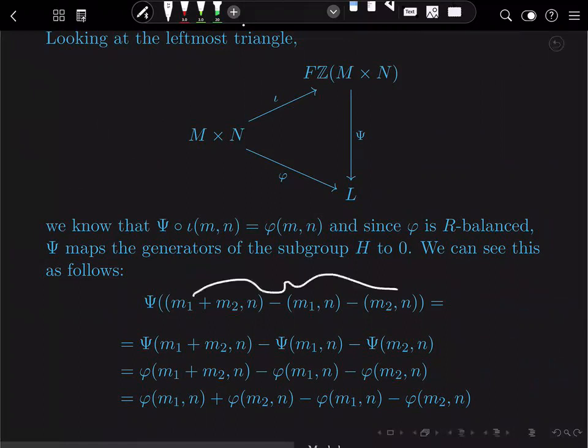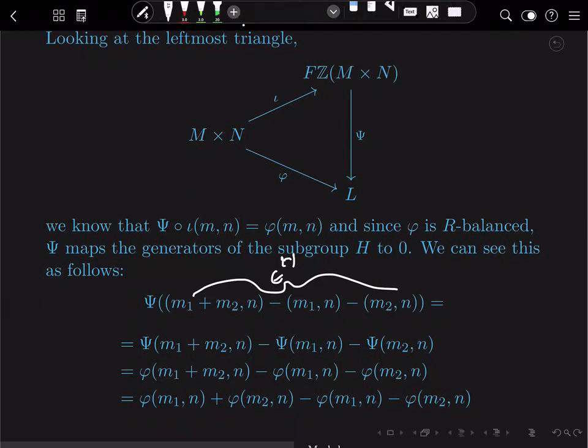This is an element of H, and we can split this element up because psi is a homomorphism, an R module homomorphism. It's a group homomorphism in this case, but it's an R module homomorphism in the general case.